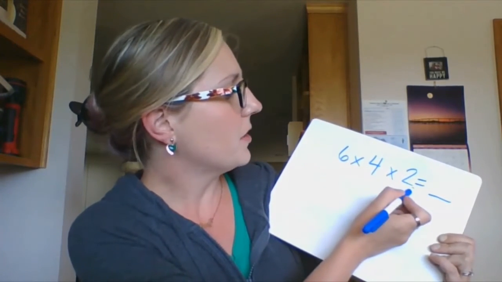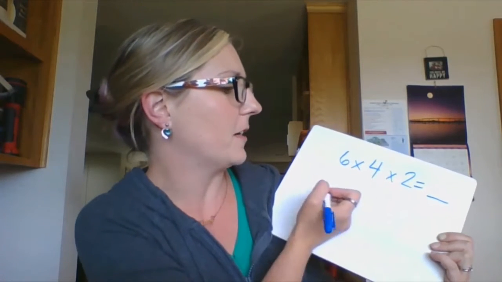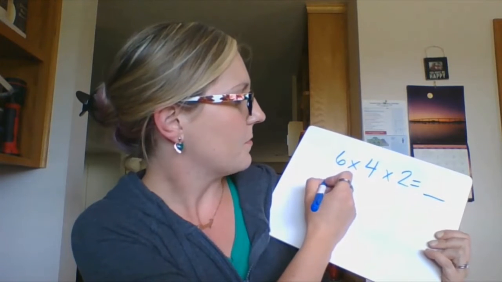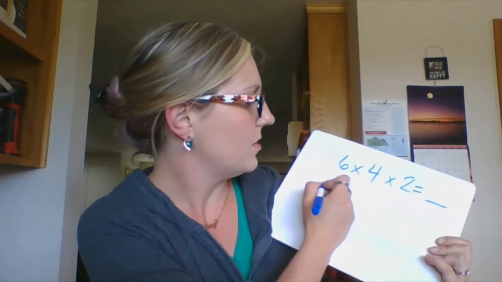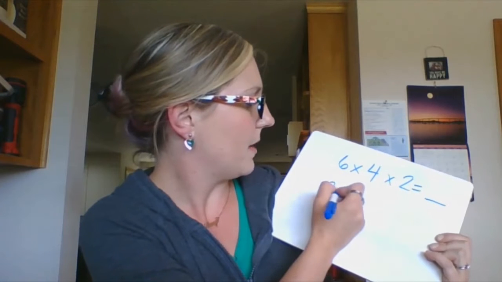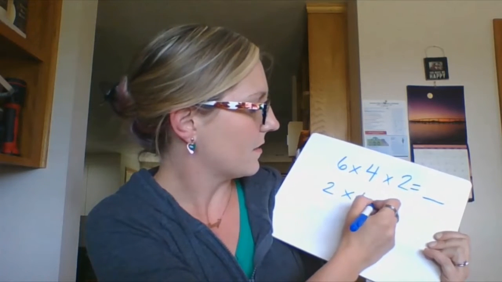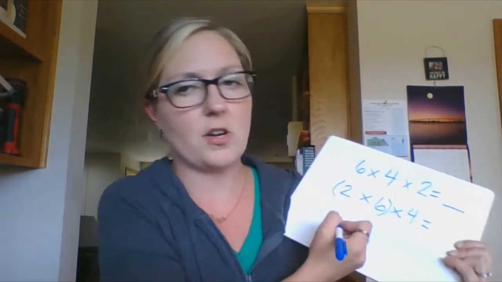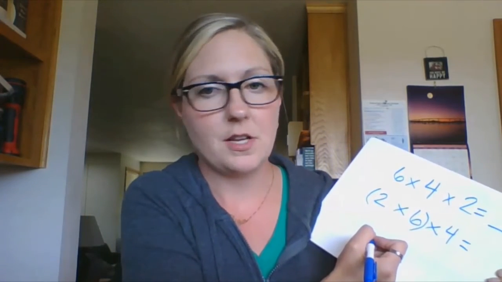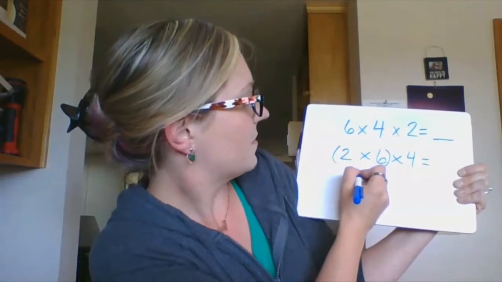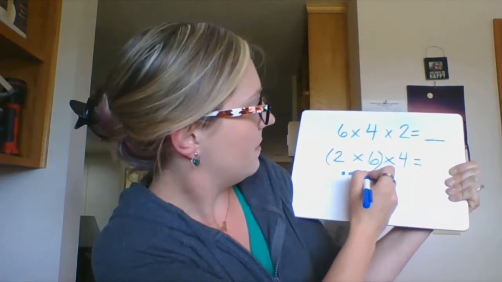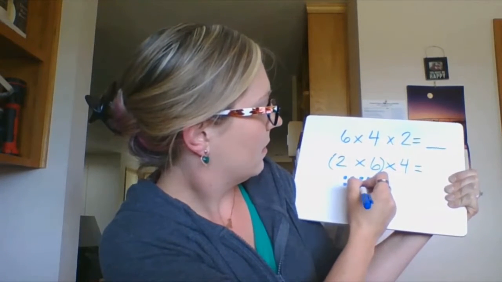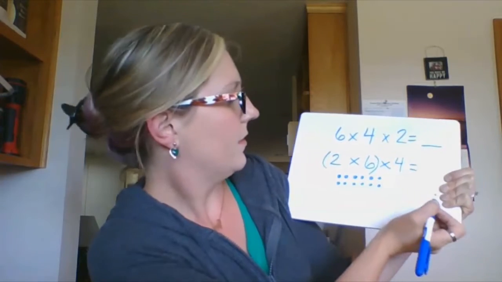And so what you can also do is you can move your factors around, and you can think about it in a different order. So maybe instead of 6 times 4 times 2, you want to think about 2 times 6 times 4. And maybe you want to just solve 2 times 6 first. So 2 rows of 6, we know that would be 12.